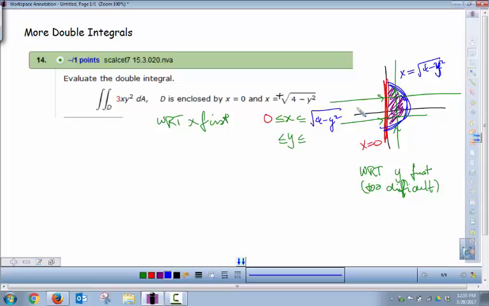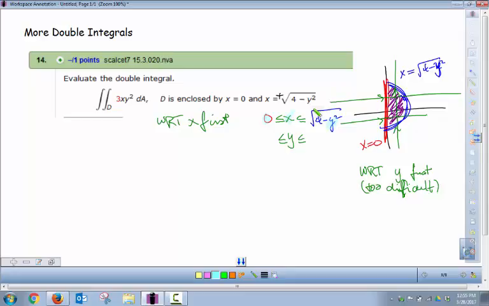A couple of key things to watch out for. If you are integrating with respect to a variable, you want to make sure that variable doesn't occur in the functions, because that would be a function defining itself. For you computer people, we don't want to do recursive stuff here.